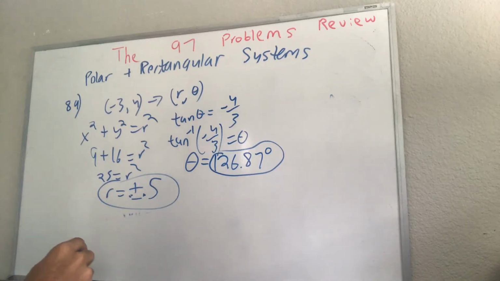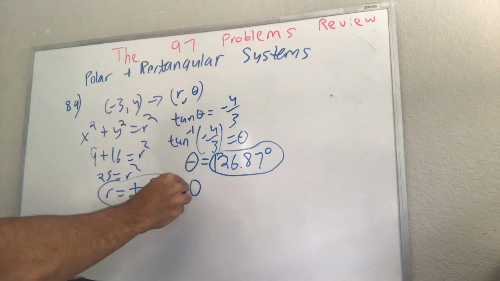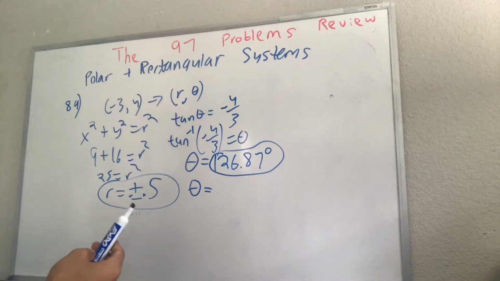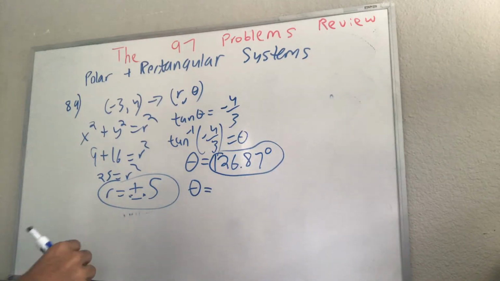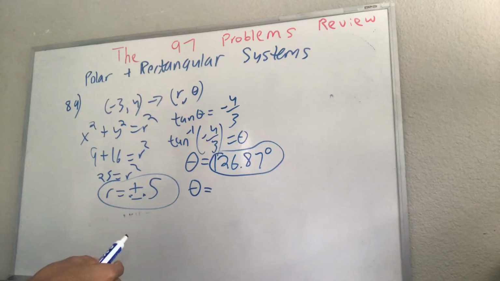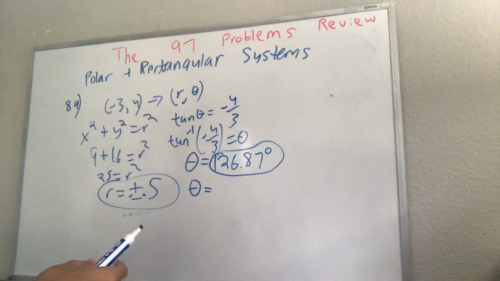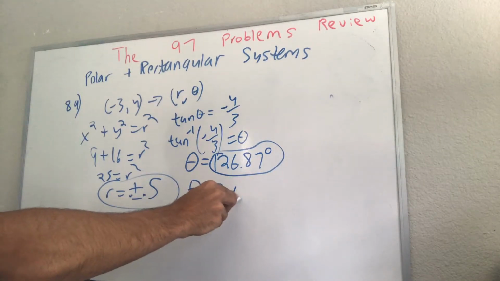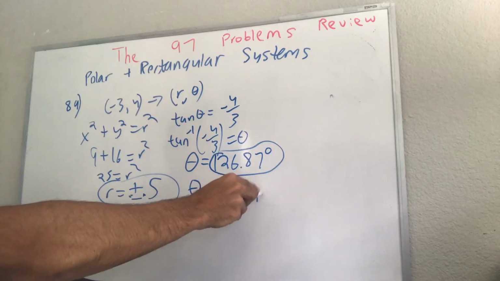However, we must understand that when we're evaluating this, theta could also be a possible value in the fourth quadrant, because tangent in the fourth quadrant is negative. If you know your reference angle here, you should understand that this must be equal to 306.87 degrees.